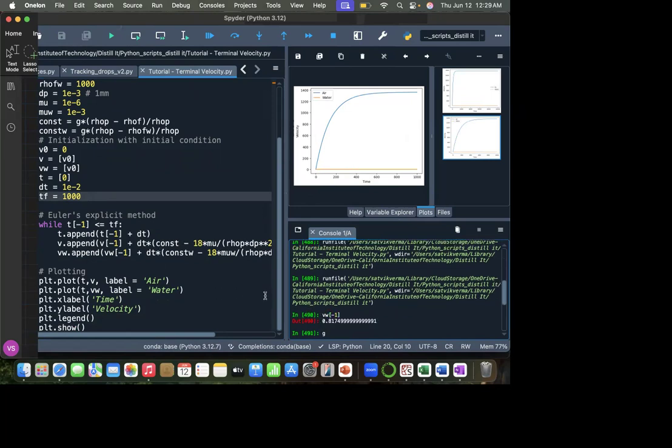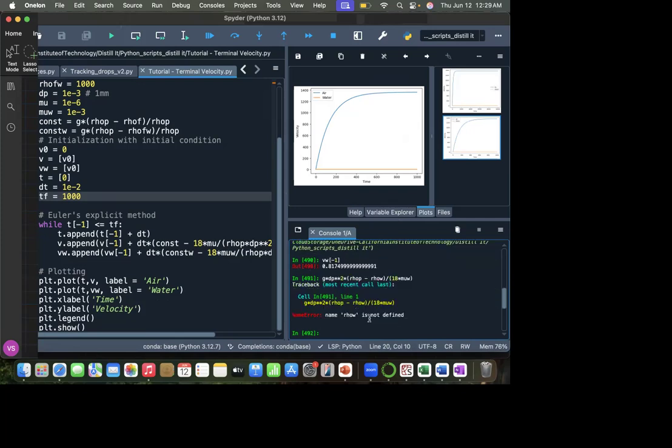And if we evaluate that, so that's g dP squared times rho P minus rho water, squared is double asterisk, over 18 times mu water.